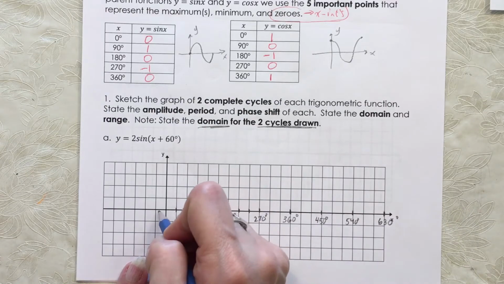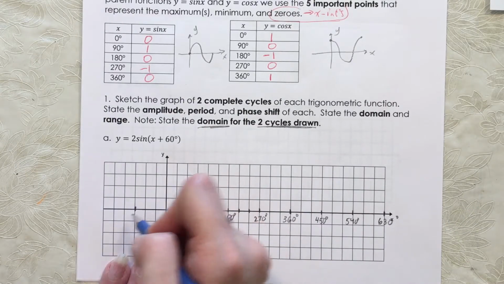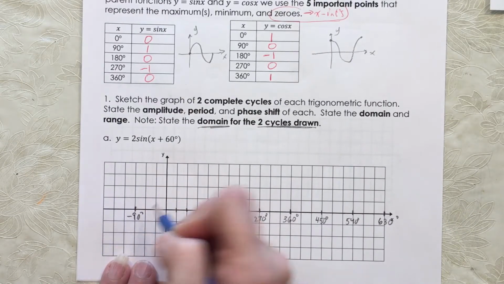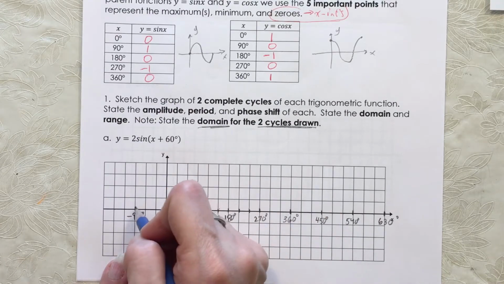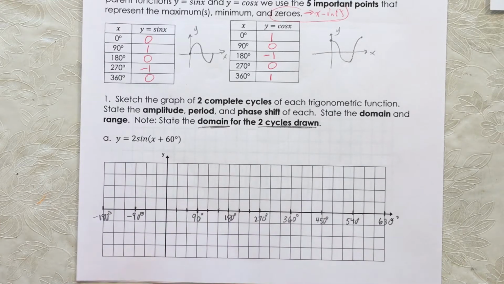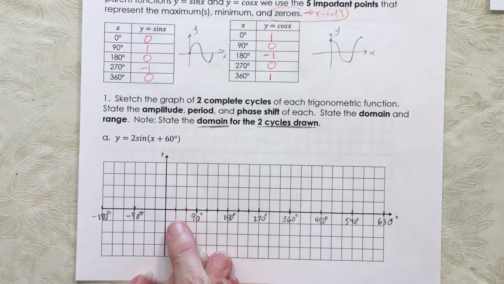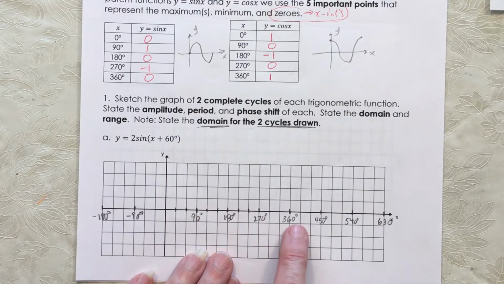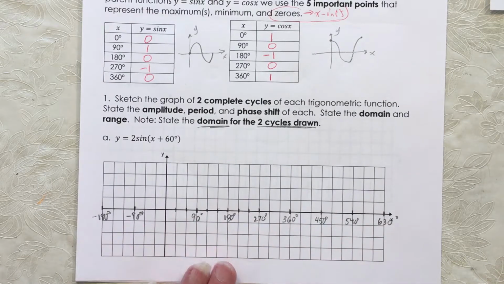We can also go in the negative direction, so 3 squares in the negative direction is negative 90 degrees, and then 3 more is negative 180 degrees. So first thing you're going to do is scale your x-axis. Make sure that every third square is 90, which gives you a scale of 1 square is 30 degrees. Make sure you have degrees listed with your x-axis, and now you've done the x-axis.